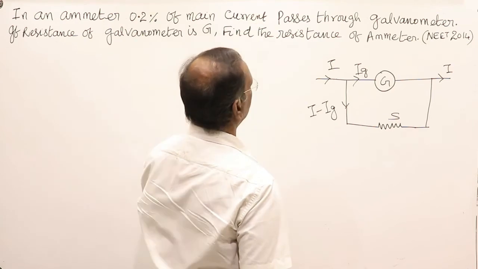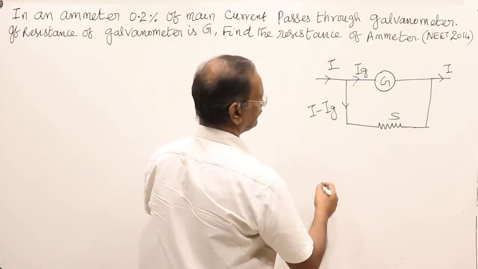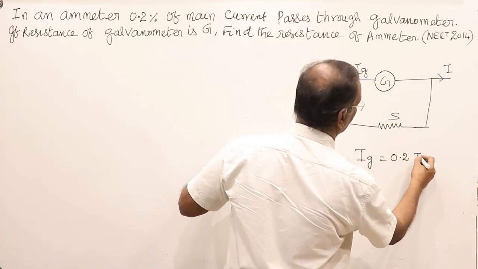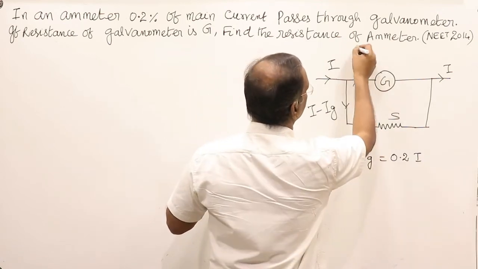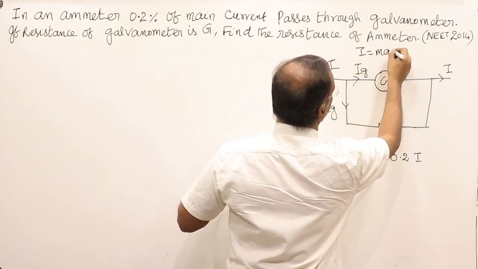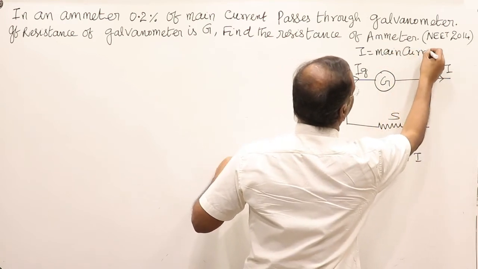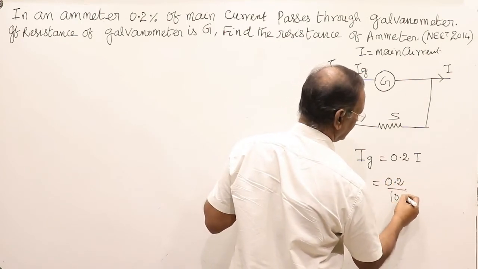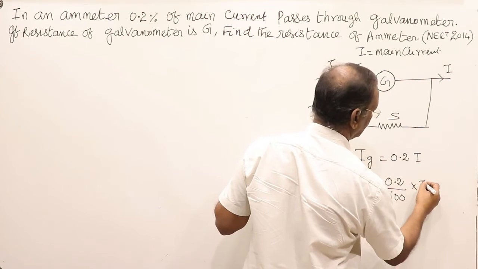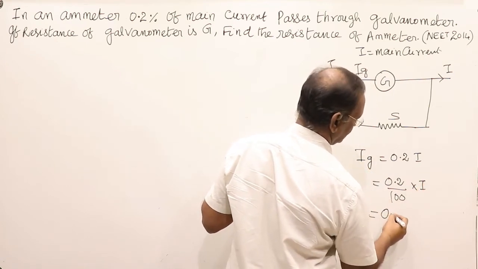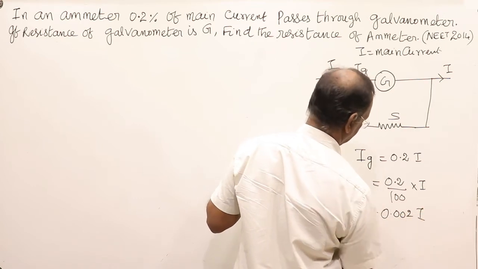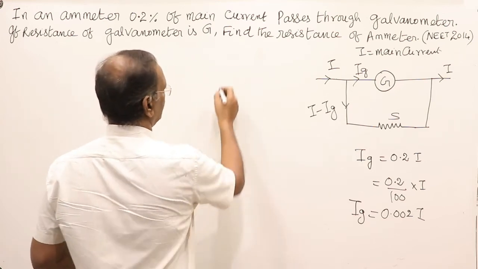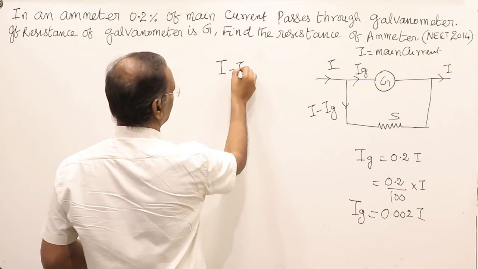0.2 percentage of main current passes through the galvanometer. That is Ig. What is Ig? Ig is equal to 0.2% of main current, where I is the main current. That is 0.2 divided by 100 into I, which is 0.002 I. So Ig is equal to 0.002 I. And what about I minus Ig?